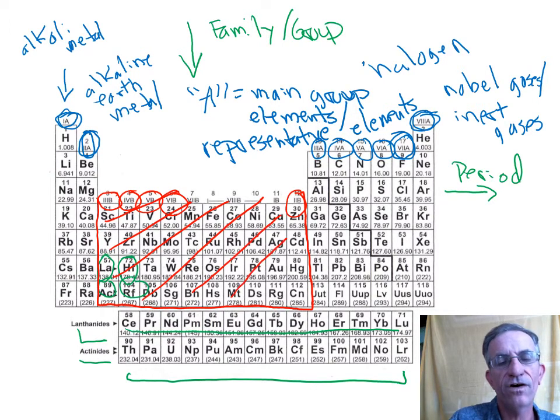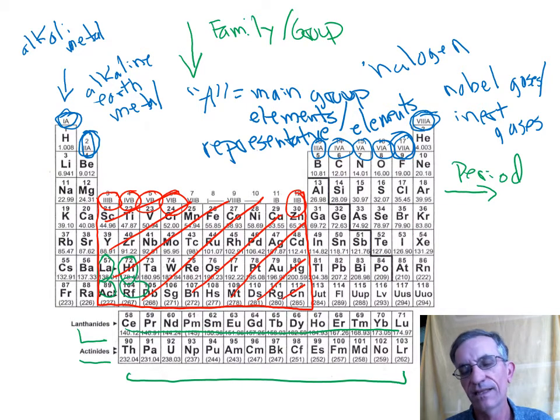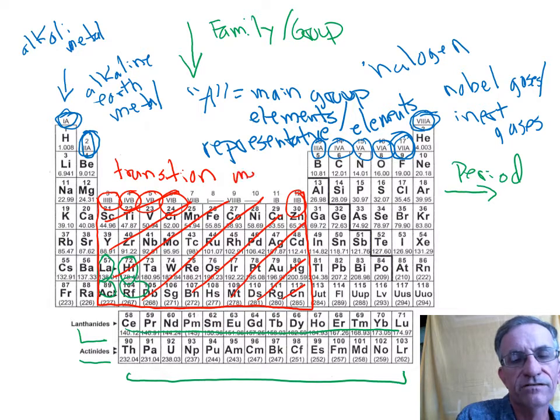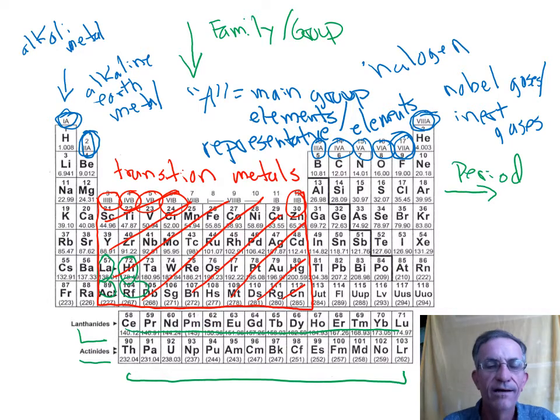You'll see above all those columns, they have the letter B. These are called the transition elements, or sometimes you hear them called the transition metals. We could say it either way, transition metals or transition elements. So that's the middle section of the periodic table.